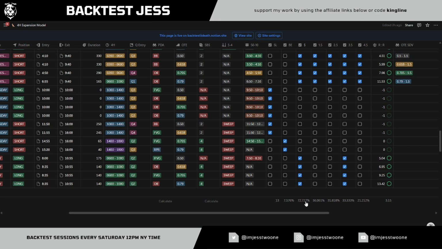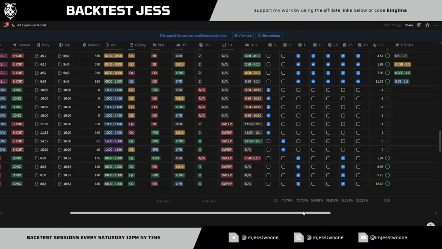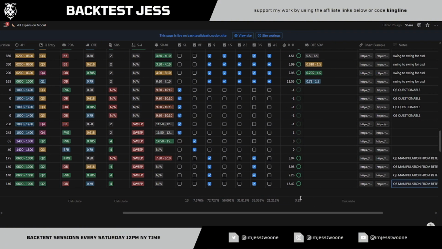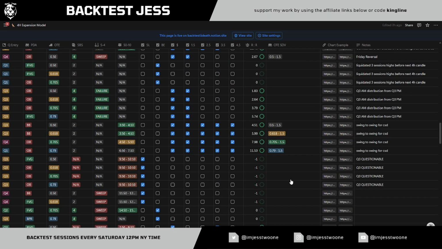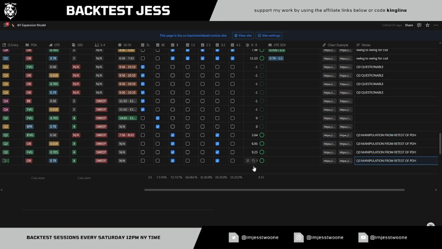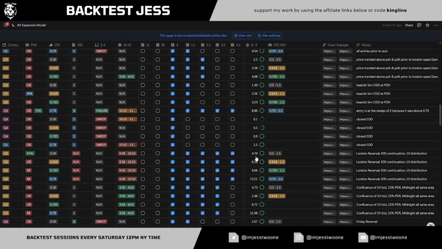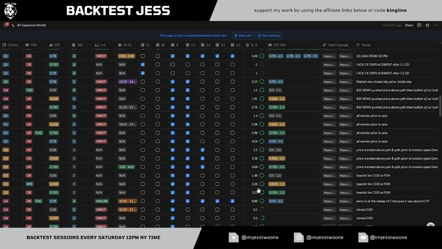So we started today's session at an 83% win rate, and we're ending it with a 72% win rate, which again I think is still pretty solid. We are averaging 3 R still, which is pretty good with a 72% win rate. And imagine that we've been hitting double-digit R's recently as well. So looking good, looking good.